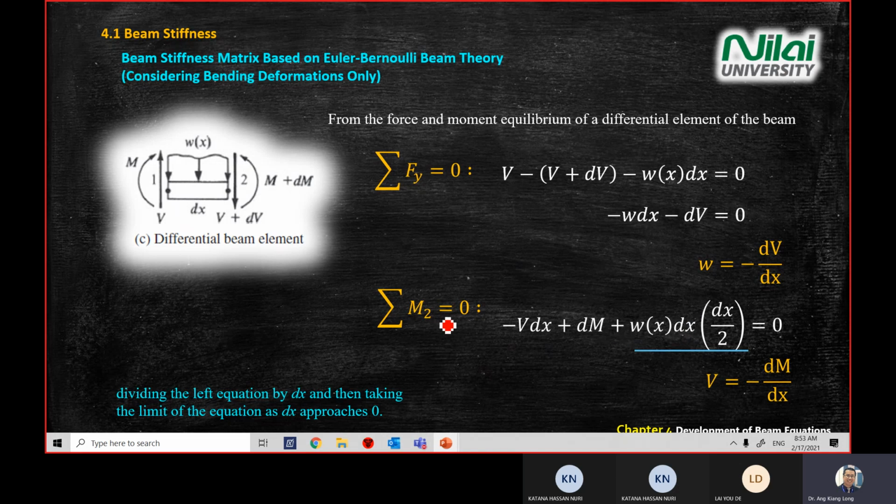So with the moment at point 2 equal to 0, at the end we arrive at the shear loading being equal to negative dM divided by dx. So we have some mathematical treatment over this term here, by this note.